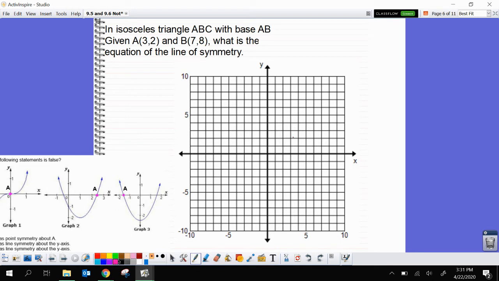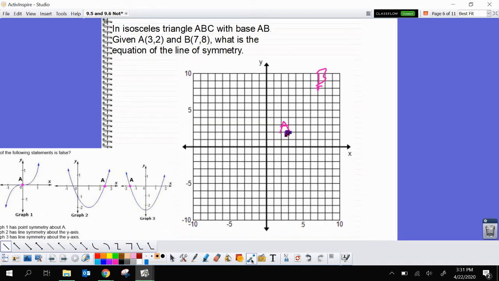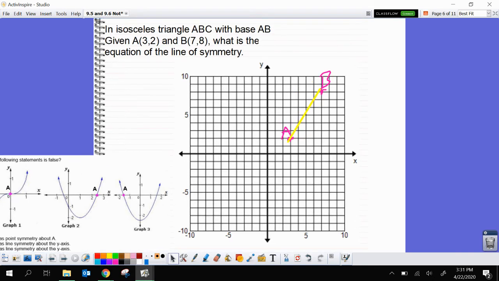So we have these two points on here, and so we have this line right here that is going to be the base of our triangle.